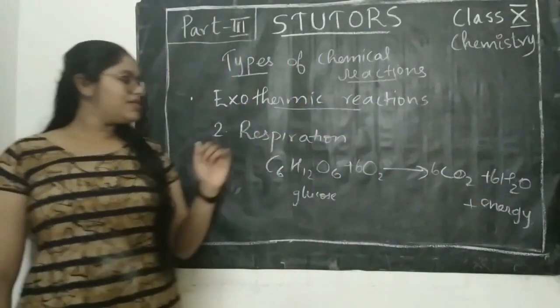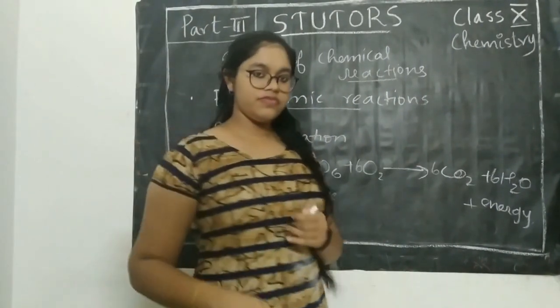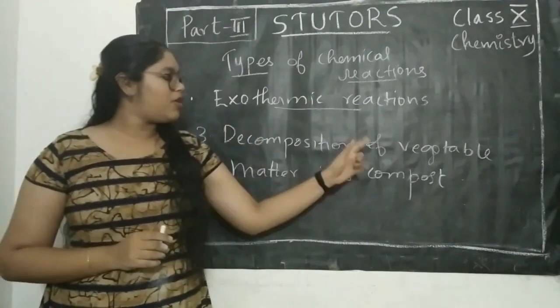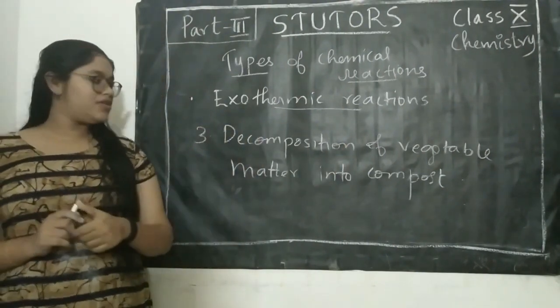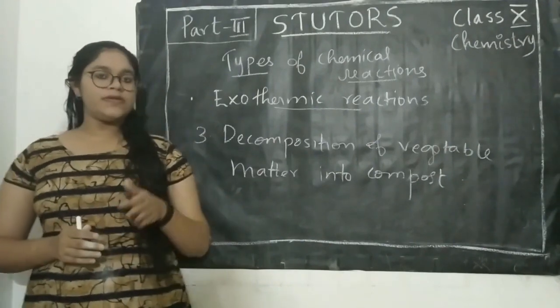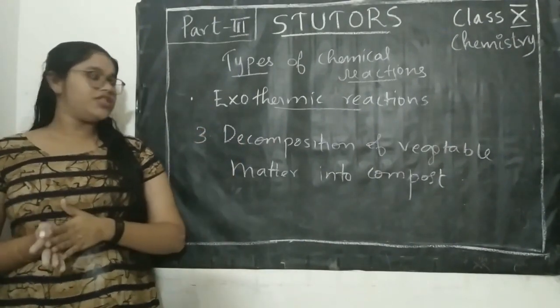This equation is balanced and it's an example of exothermic reaction. So this is the third example, that is decomposition of vegetable matter into compost. This is also an exothermic reaction. So these are the three examples of exothermic reaction and we discussed combination reaction.